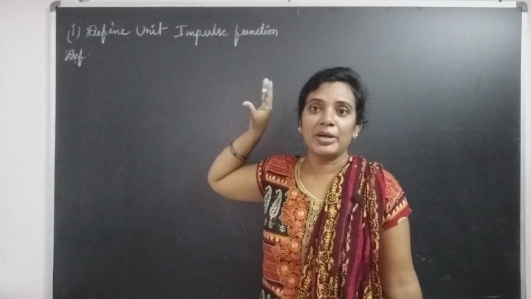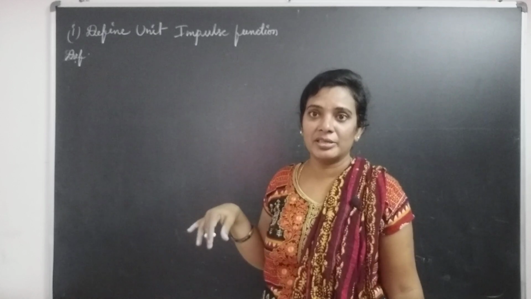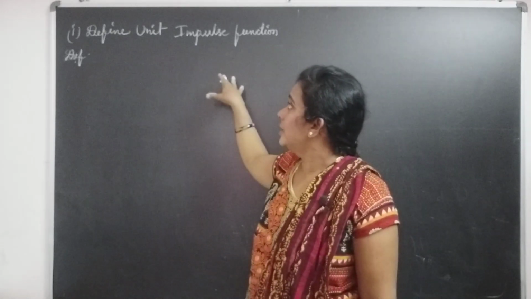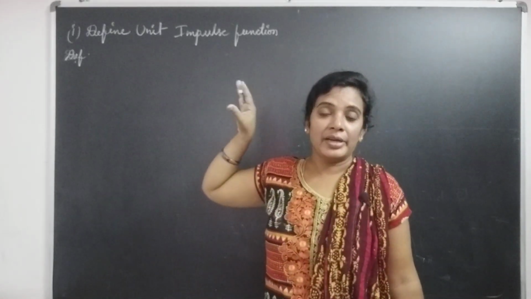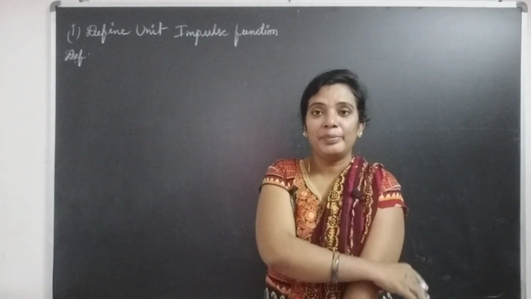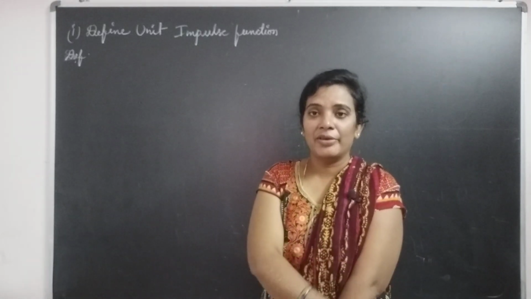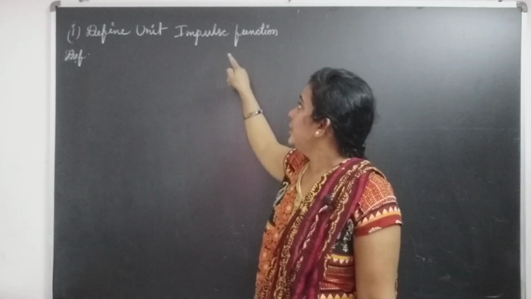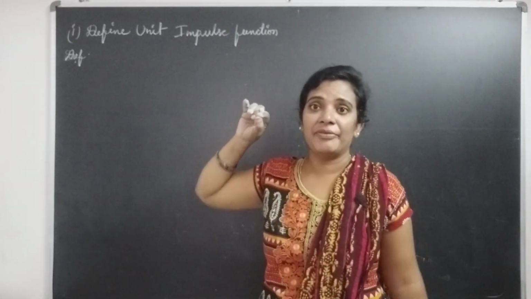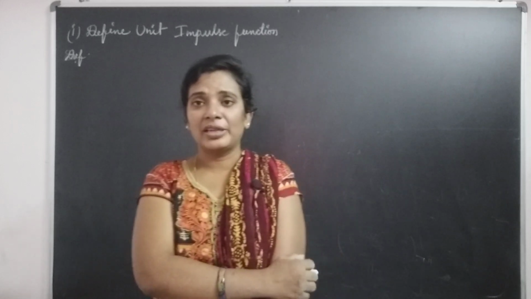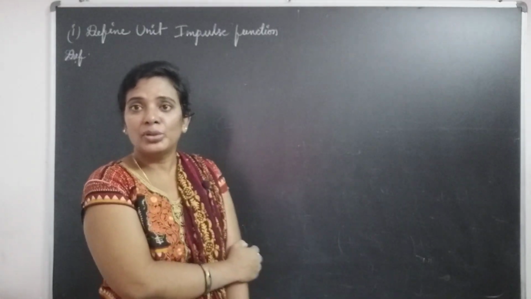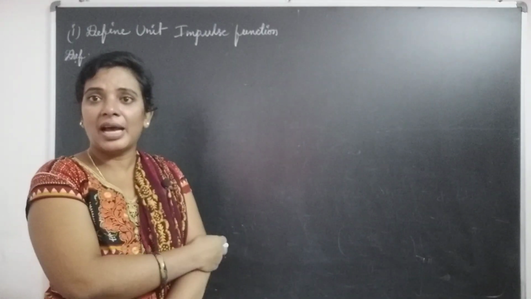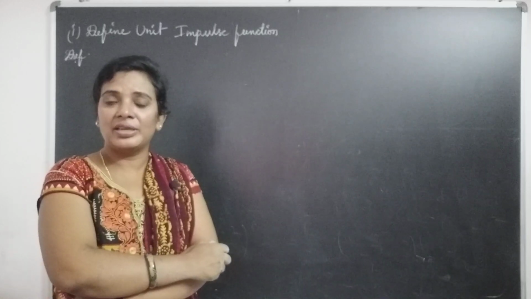This unit impulse function is a discontinuous function, and it is also considered as a limiting form of a function. Unit impulse function means that within a fraction of a second, or some 2-3 seconds, an earthquake occurs.